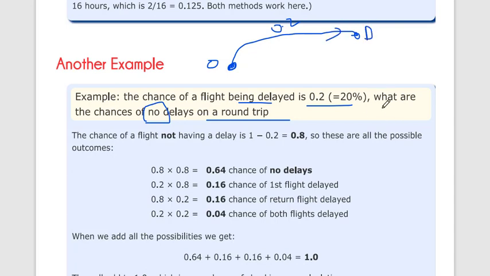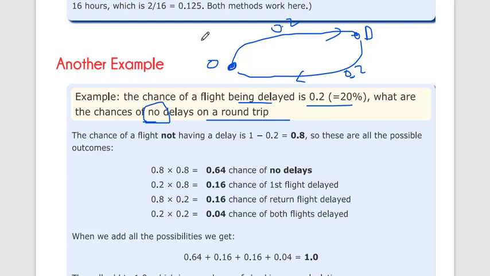But they have asked what are the chances of no delay on a round trip, not only one trip but a round trip. There is also a possibility that there is a delay in the flight, and it's also 0.2. Whether it is origin to destination or destination to origin, it's the same flight, so the probability of delay remains the same, 0.2.